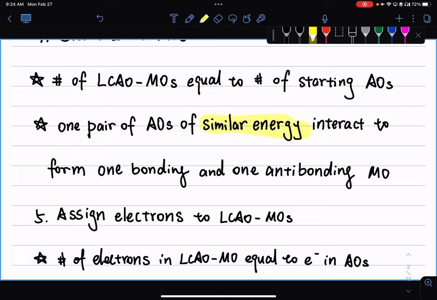These non-bonding MOs have the same energy level as your px and py atomic orbitals. The sigma non-bonding has the same energy level as your 2s atomic orbital. The atomic orbital is not involved in the chemical bond. It stays where it begins. Only when the atomic orbitals are interacting with each other, you get that pair of bonding, anti-bonding molecular orbitals.